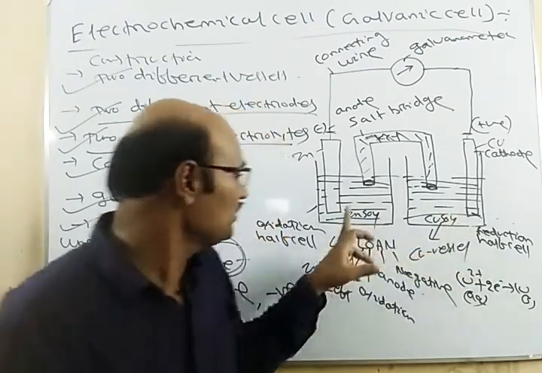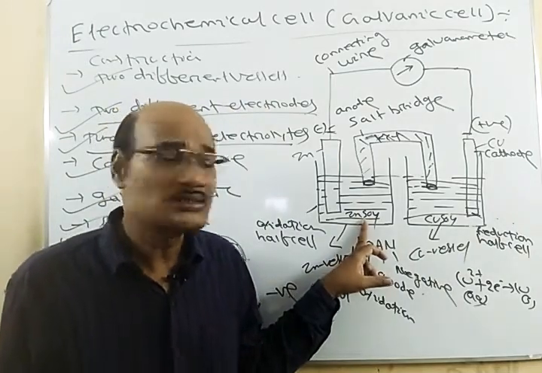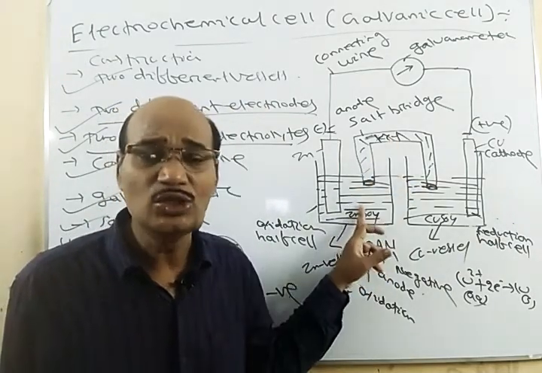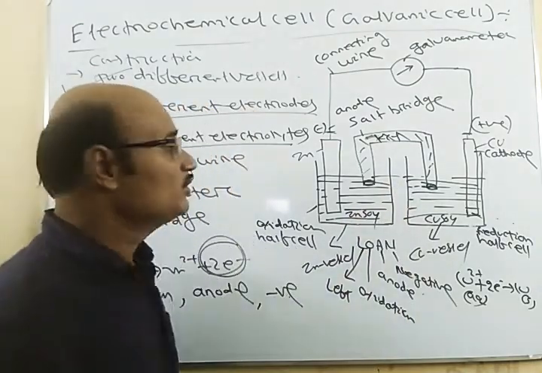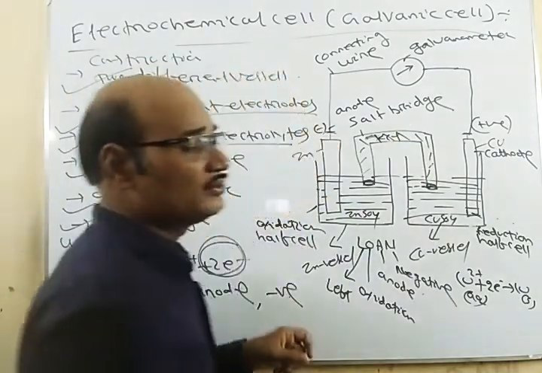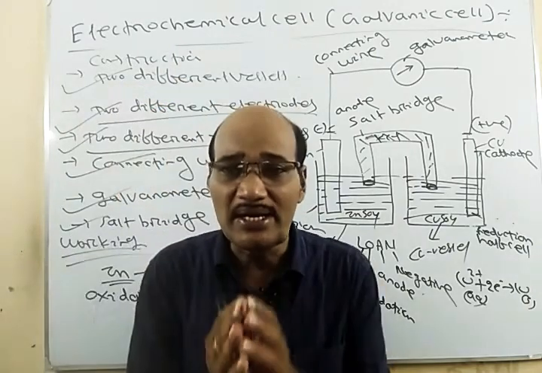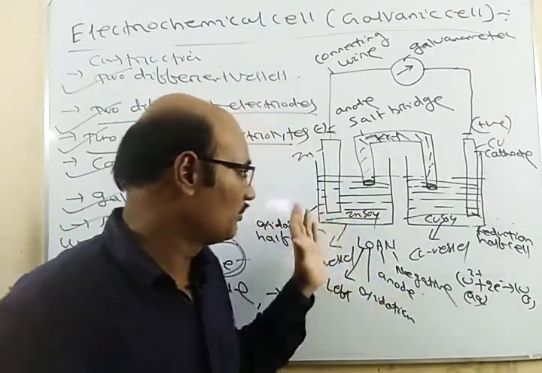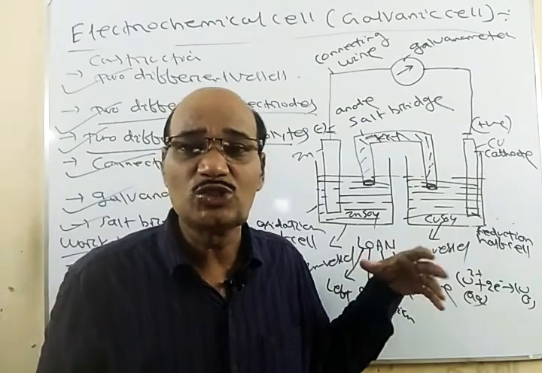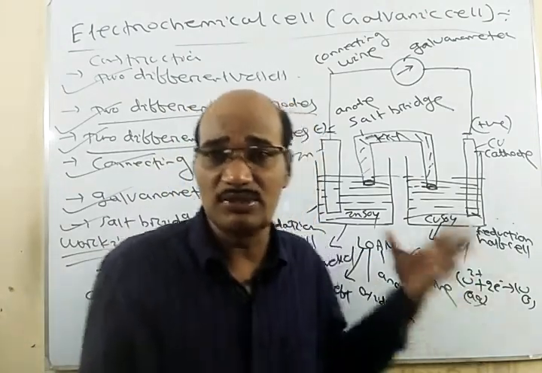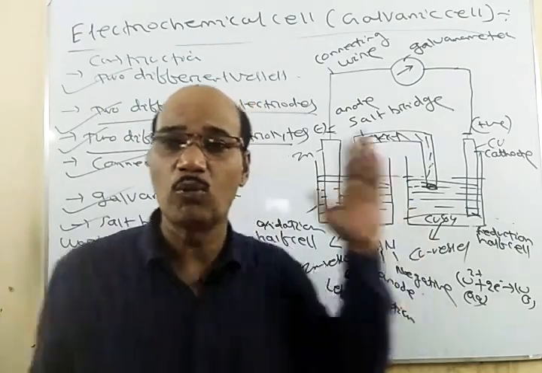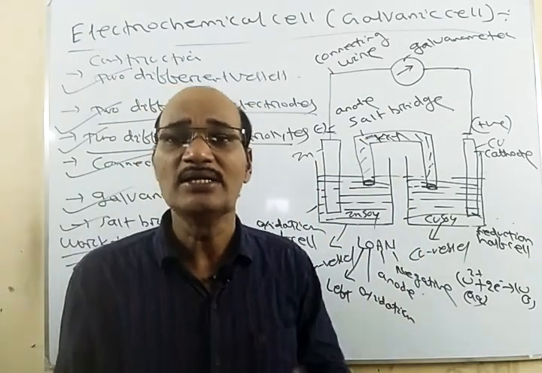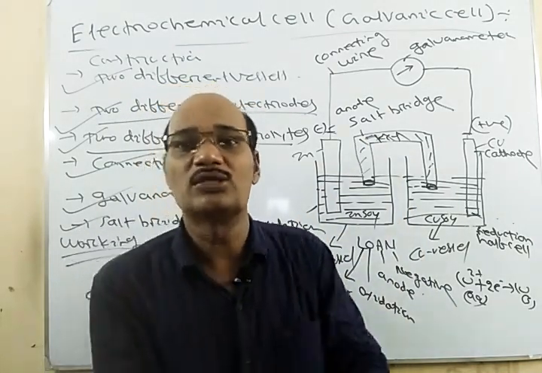Similarly, if positive ions are accumulating on the other side, the salt bridge releases negative ions to maintain electrical neutrality. So there is no accumulation of charges on the vessels, and there is a continuous flow of electrons from one cell to another, and accordingly the current flows.